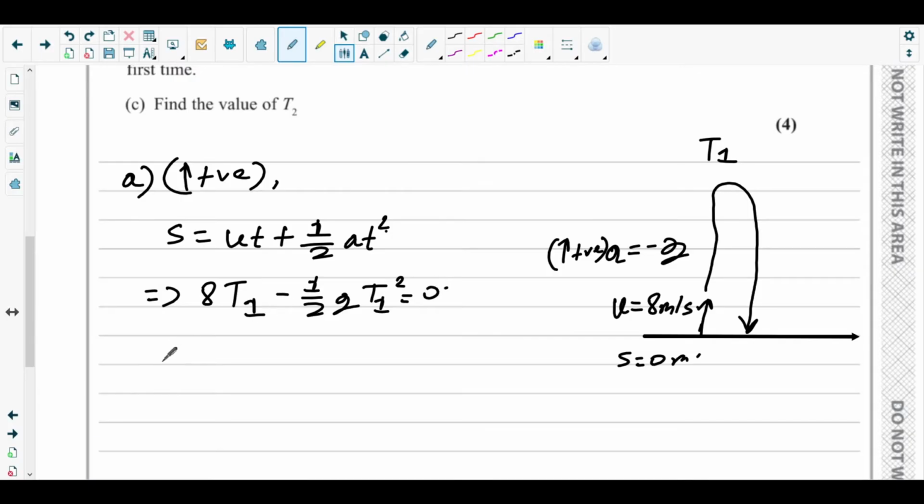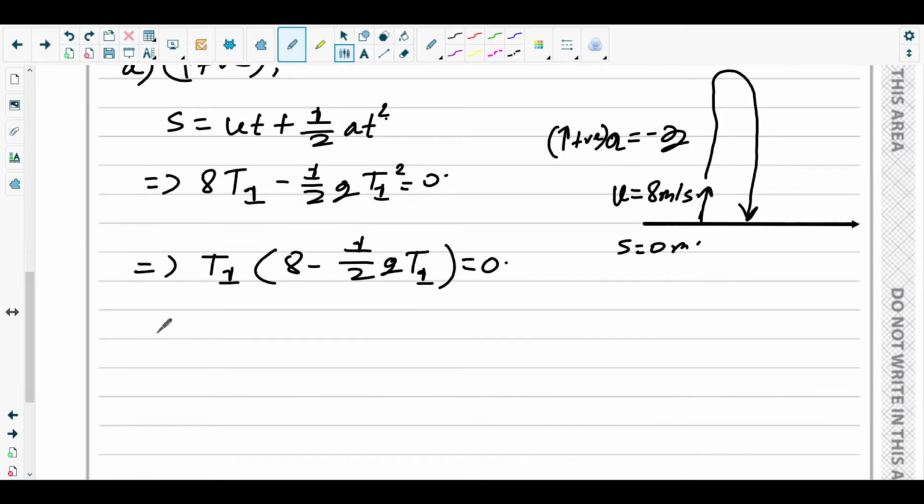This is equal to 0. Now take t1 common, so you get t1 times (8 minus half g t1) equals 0. Either t1 is equal to 0, because it was initially at the ground, or 8 minus half g t1 equals 0.